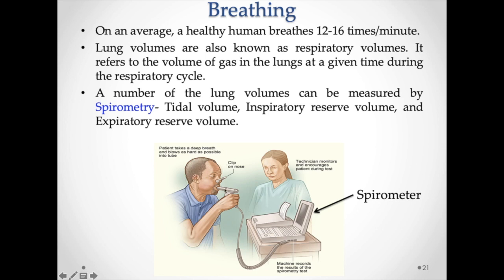You can see over here, a patient takes a deep breath and blows as hard as possible inside the tube. This tube is attached with an instrument that is called a spirometer. The technician monitors this and we can find the results on the screen.